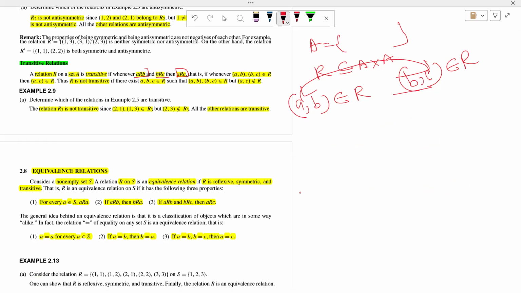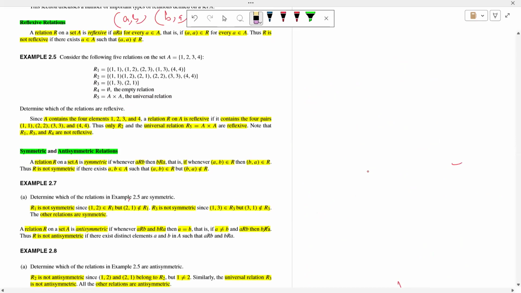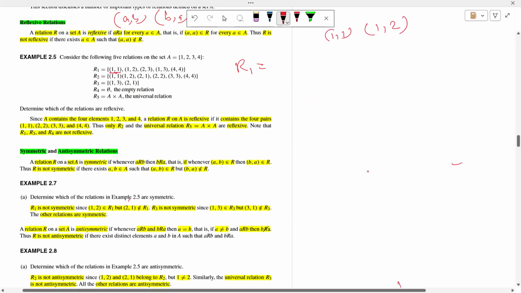We will look at the same example. So how about R1? R1 contains (1, 1). This is one ordered pair. (1, 2) is another ordered pair. Then if you take the first element and the last element, you must have (1, 2) as an ordered pair. That is available.